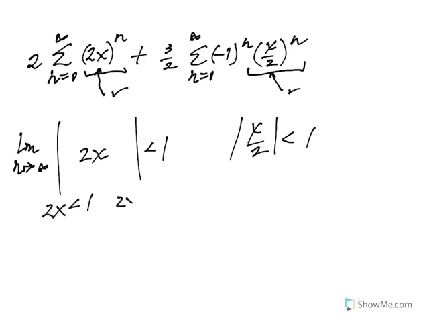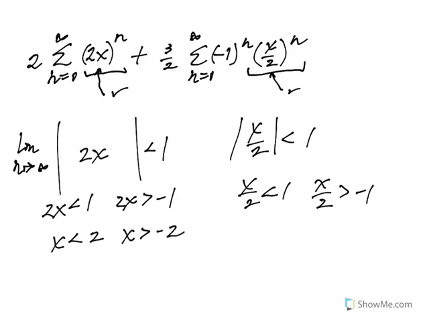So if I solve this, I get 2x less than 1, 2x greater than -1, x over 2 less than 1, x over 2 greater than -1. This is x is less than 2, x is greater than -2. So this goes from -2 to 2, not including the endpoints because of the secret that I told you. These are, again, geometric series.